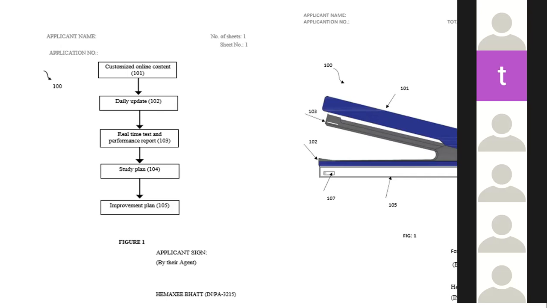On the right hand side corner, number of sheets and sheet number should be mentioned. At the bottom on the right side, applicant signature, और if आपने लीगल अटॉर्नी हायर किया हुआ है तो उनकी सिग्नेचर रहेगी. तो आपका ड्राइंग पेज ऐसा रहेगा.